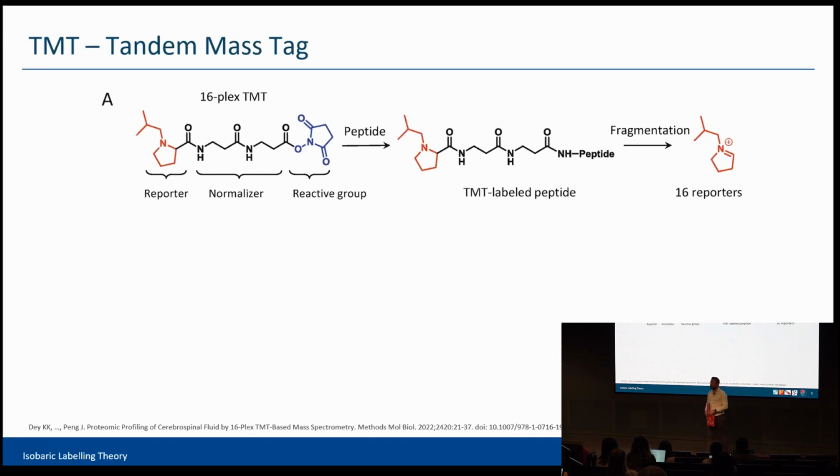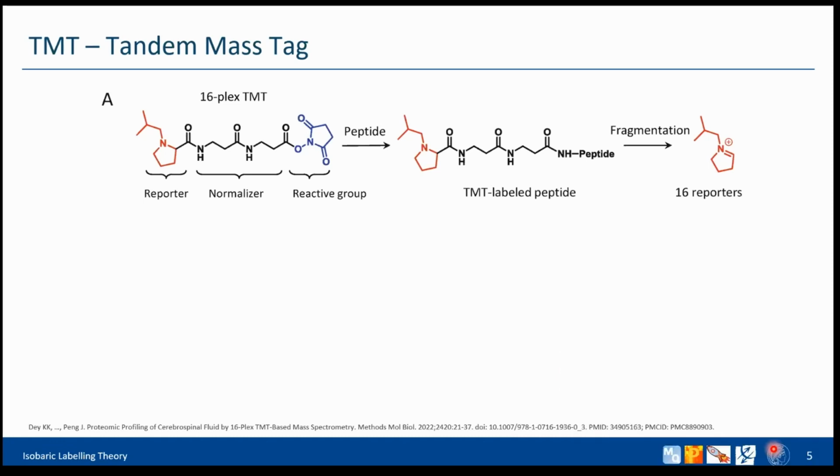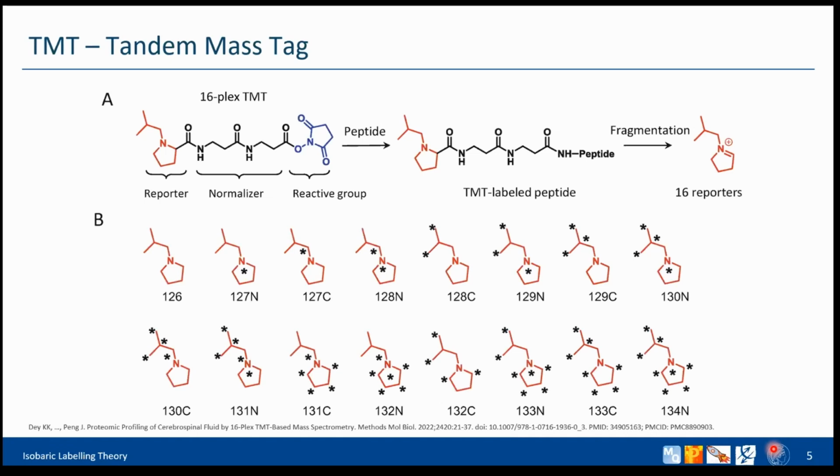So this is a 16-plex. But when you count how many atoms it has, you don't have to count it, but it's for sure less than 16. So there's another trick there. It's not that there's only one neutron more and more and more, but there's also a difference between whether it is the nitrogen or the carbon which has one neutron more.